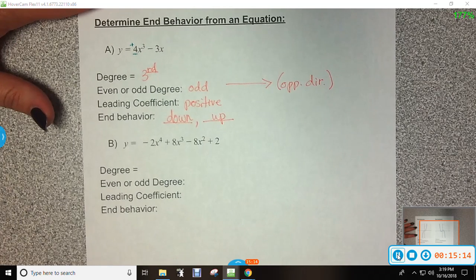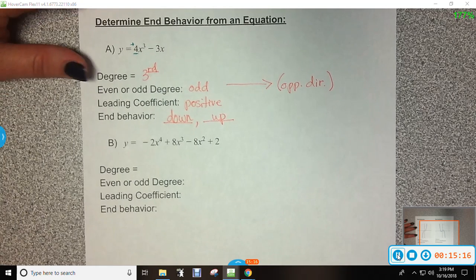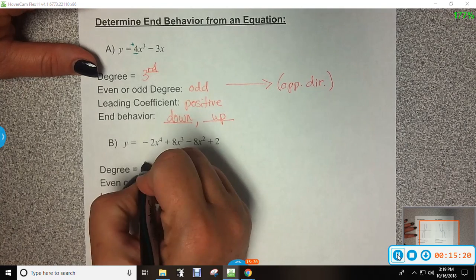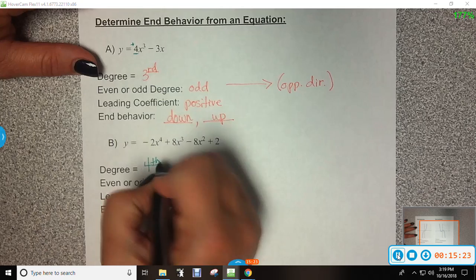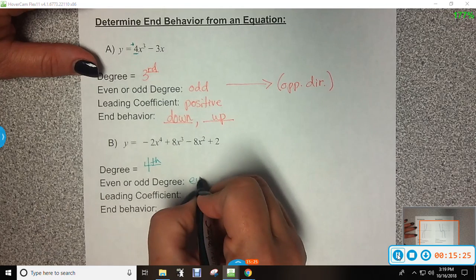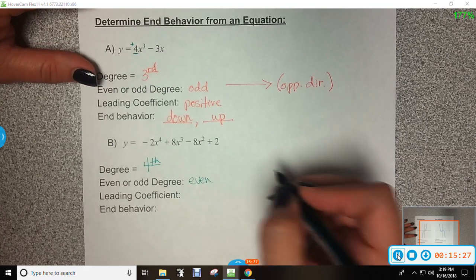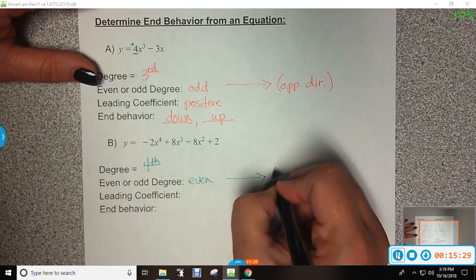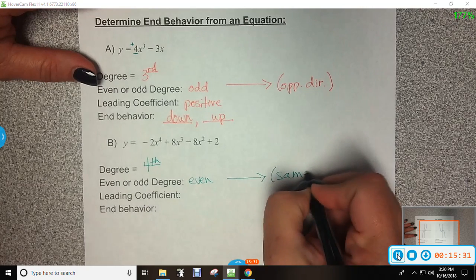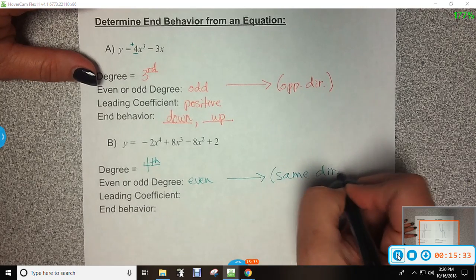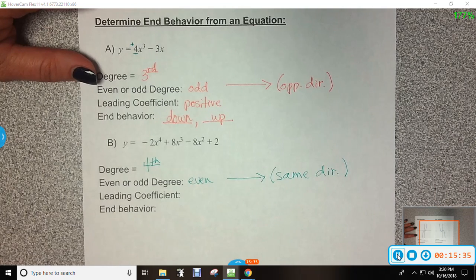Alright, so let's look at part B. What degree is part B? 4. Is 4 even or odd? Even. When I know it's an even degree, in my mind I'm already thinking, oh, this thing goes the same direction on the left and the right. So now, your leading coefficient, is it positive or negative?